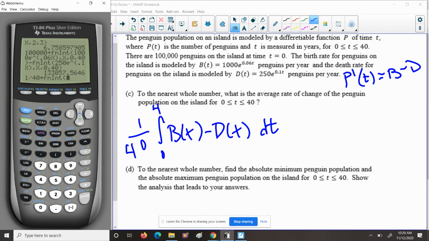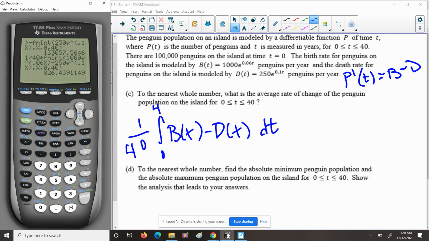We want to take B of t, 1,000 times e to the 0.06 x, minus 250 times e to the 0.1 x, and then comma x, comma 0, comma 40.